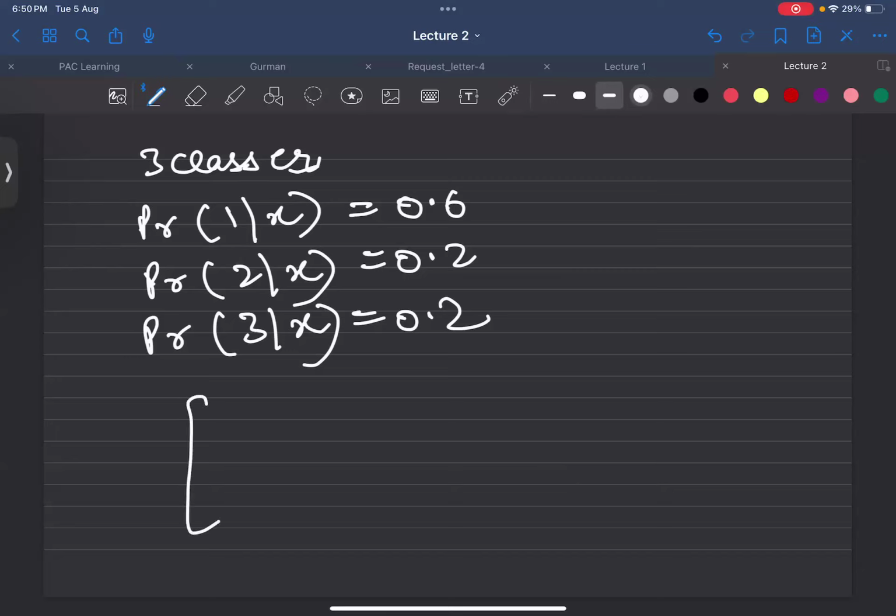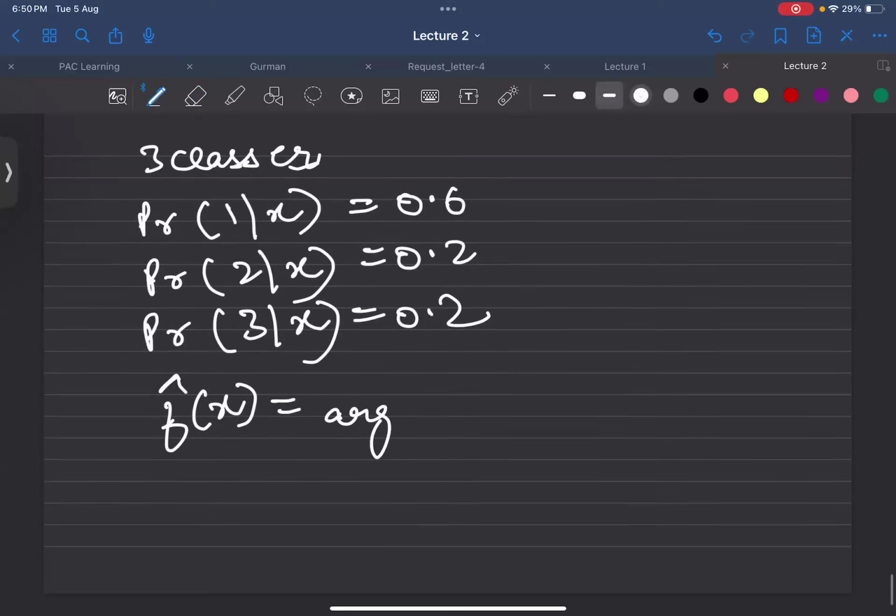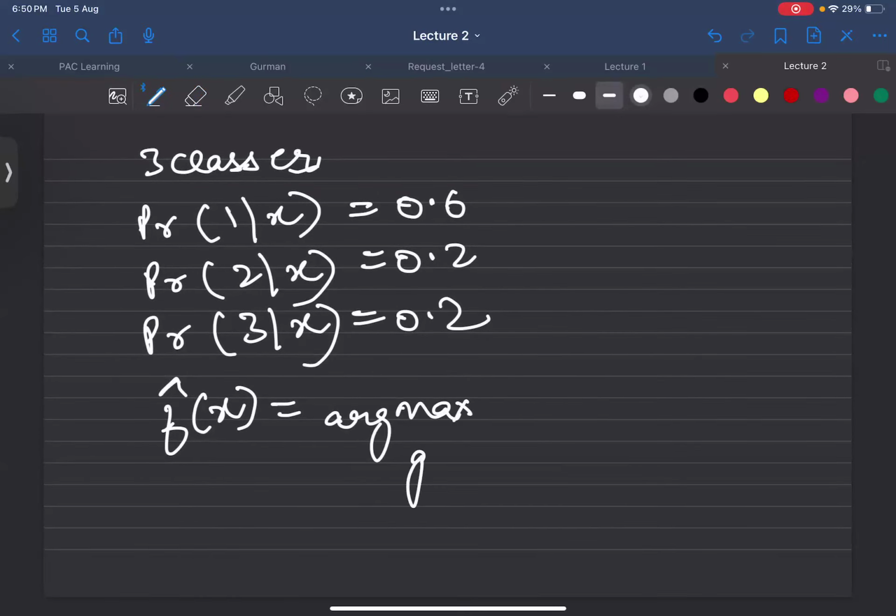I'll write the simple formula here. Can you relate to what I have written?